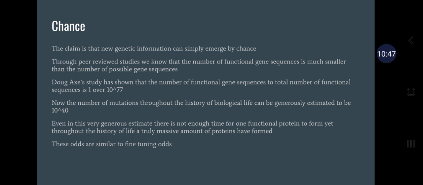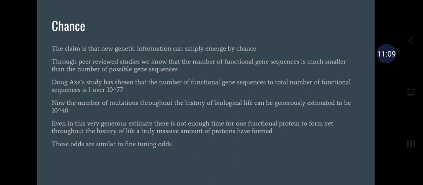This is basically mutations, which I explained earlier in the video. Now let's suppose that happens. So what are the odds of functional mutations happening by chance? Well, the odds would be 10 to the power 40 divided by 10 to the power 77.